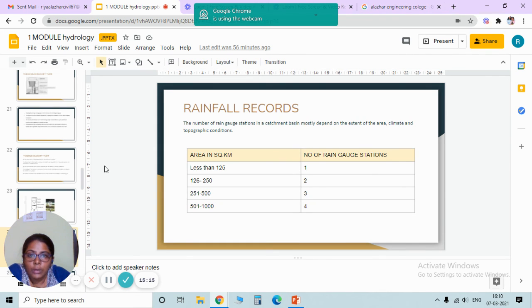See, for rainfall records, the number of rain gauges situated in a catchment basin mostly depends upon the area. If it is less than 125 square kilometers, we need one rain gauge station. If it is between 125 and 250, we need two rain gauge stations. For 250 to 500 square kilometers, three rain gauge stations, and if it is 500 to 1000, we need four rain gauges.